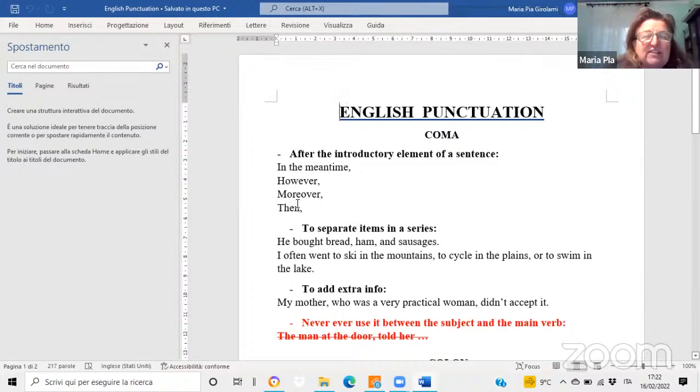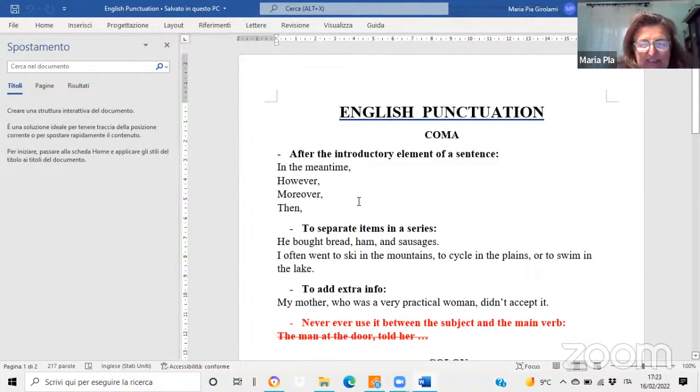Okay, when there's an introductory element, you need the comma after it. And nobody ever writes it. So please pay attention. It's not a very serious mistake, but if you repeat it maybe 2 or 3 times, it's annoying, if you know what I mean. I mean, for the examiners, of course, not for me.